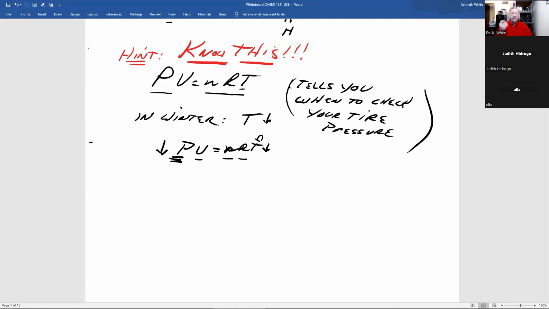And again, PV equal nRT tells you when to check your tire pressure. Now, this is for in the winter.